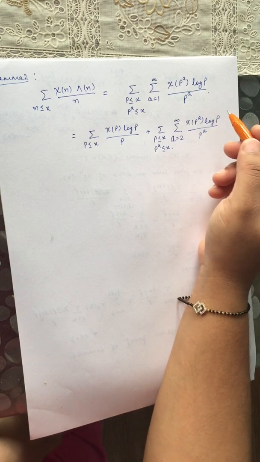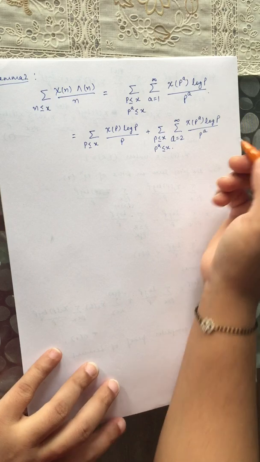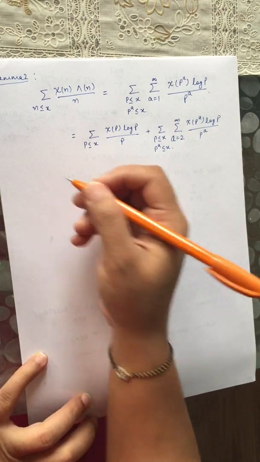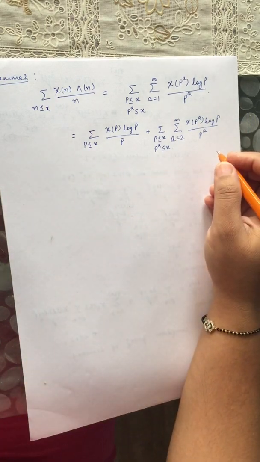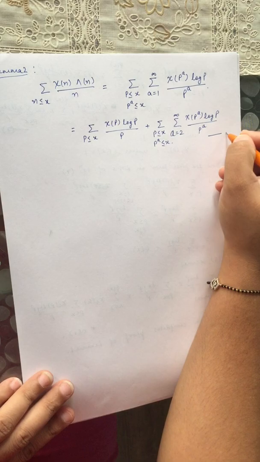Now this second sum on the right hand side, we will calculate only this. Firstly, let us say this equation number is 8.